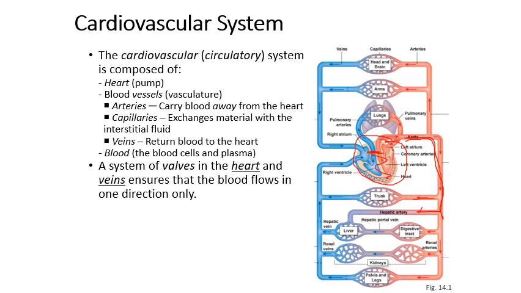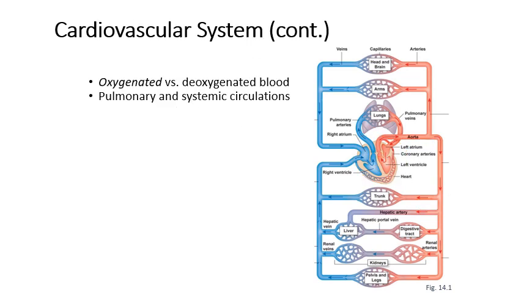Okay, there are three types of circulations. We're going to be looking at pulmonary, systemic, and coronary. Okay, and the blood that these carry. Oxygenated would be noted by the red, and deoxygenated blood would be with the blue.